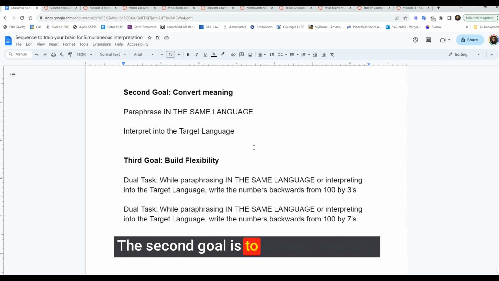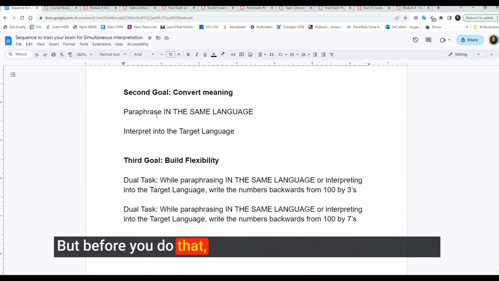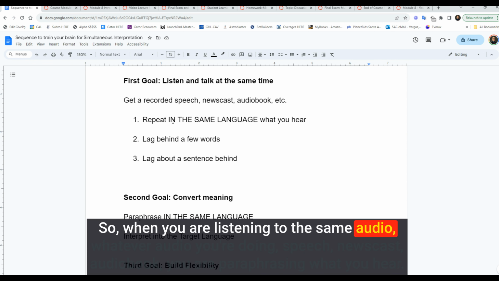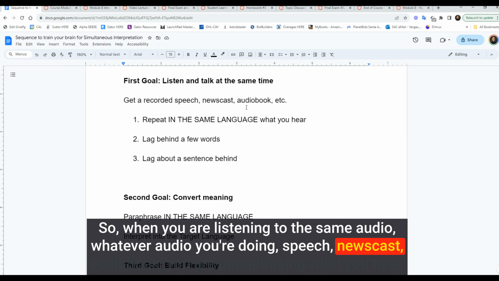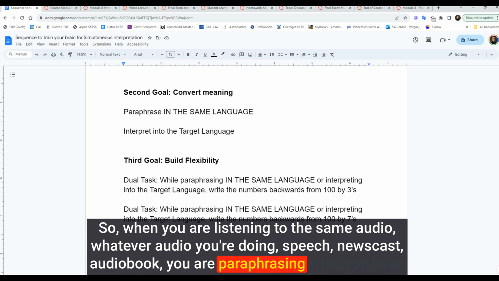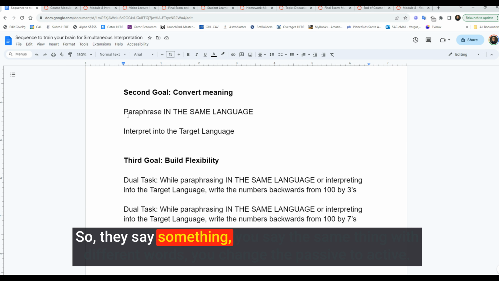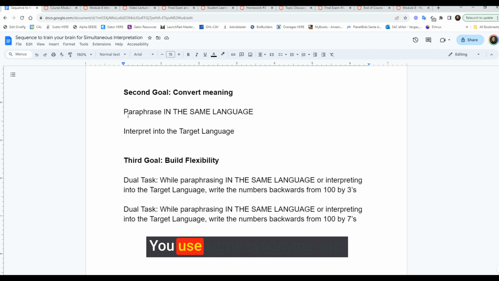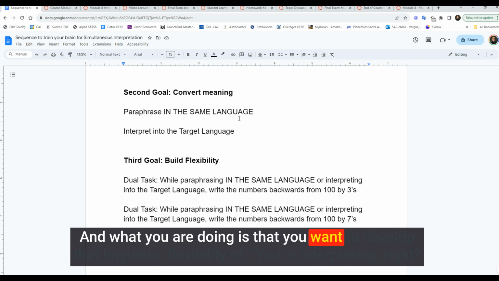The second goal is to convert meaning. Yes, that means interpreting, but before you do that, you want to be able to paraphrase. So when you're listening to this same audio, whatever audio you're doing, speech, newscast, audiobook, you are paraphrasing what you hear. So you say the same thing with different words. Change the passive to active, use some synonyms, etc. What you want to develop is linguistic flexibility.